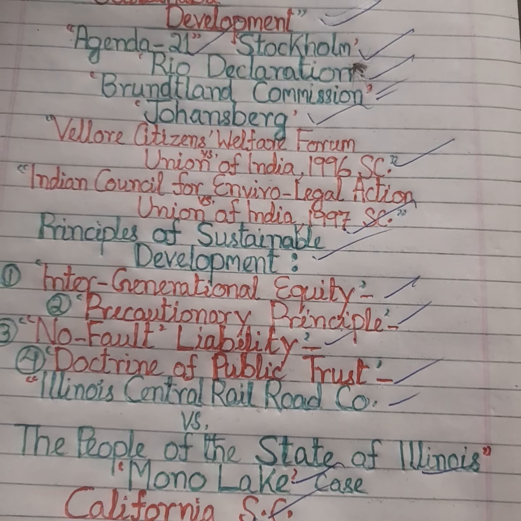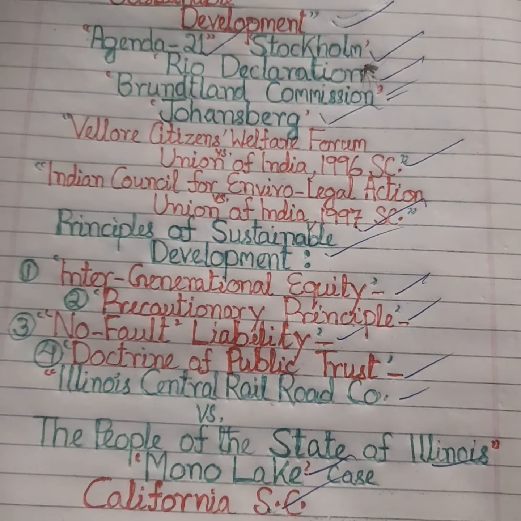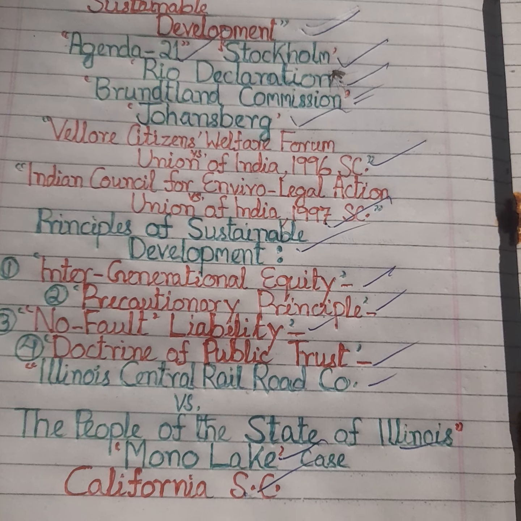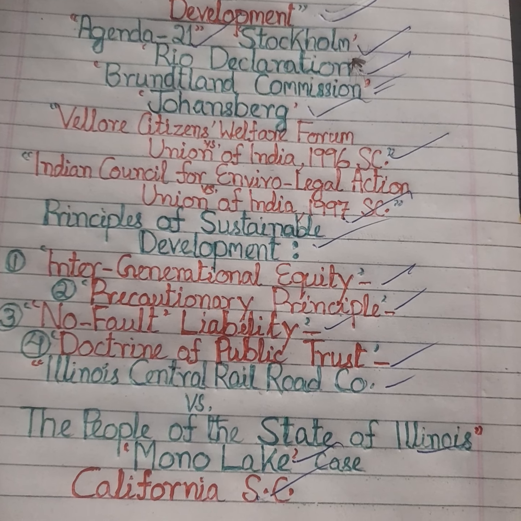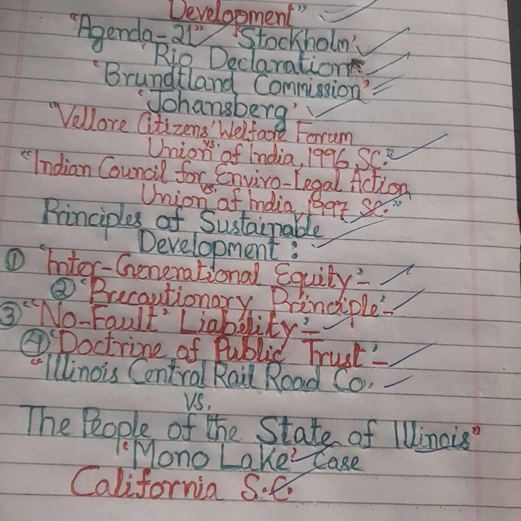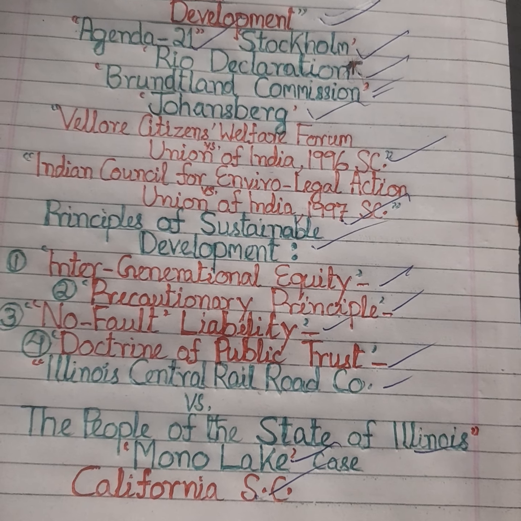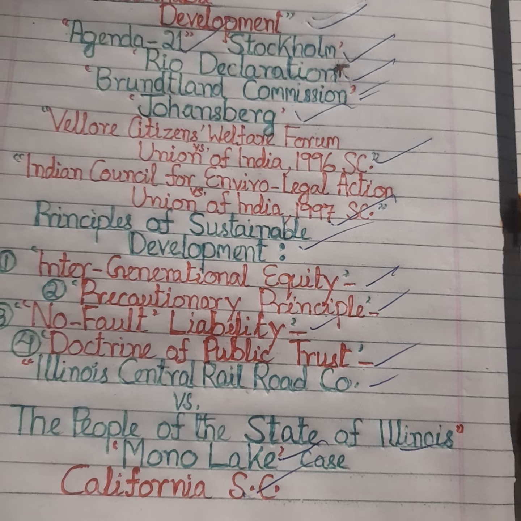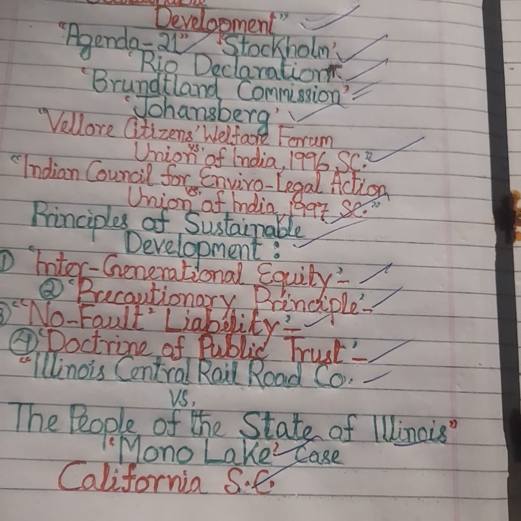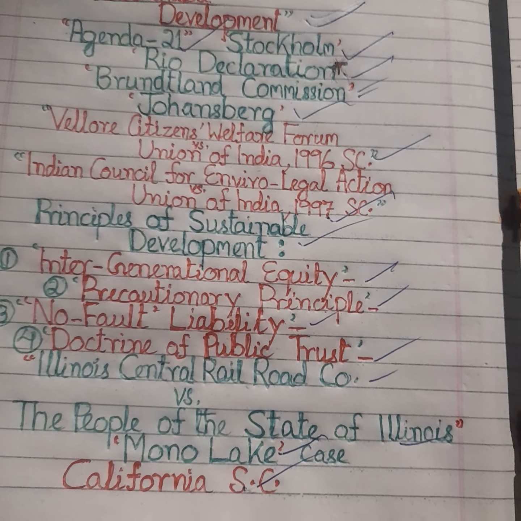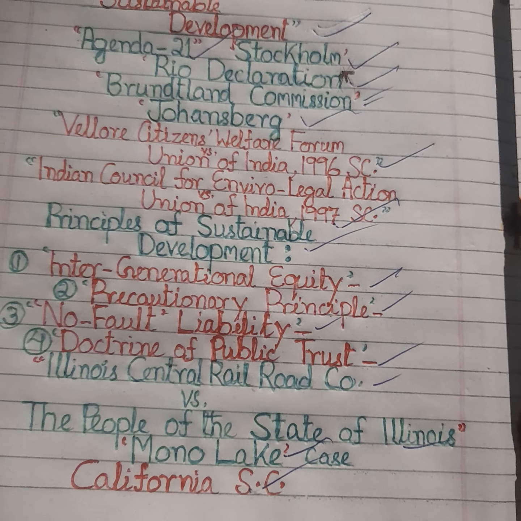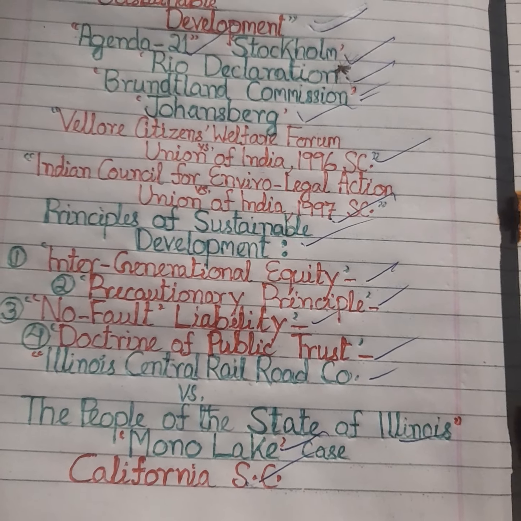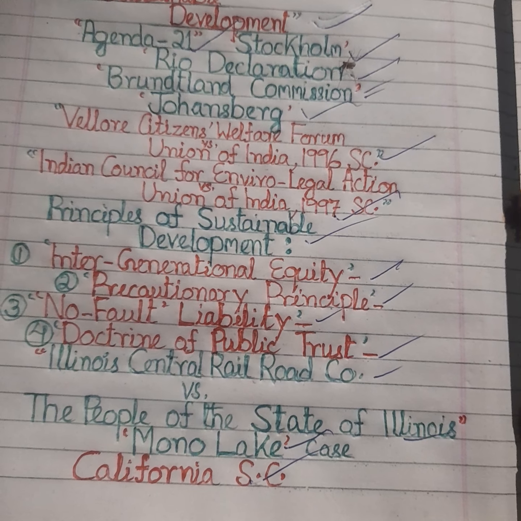In that connection, we also discussed how the principles of sustainable development were applied by the Indian Supreme Court in two important leading cases: Vellore Citizens Welfare Forum versus Union of India in 1996, and Indian Council for Enviro-Legal Action versus Union of India in 1997.